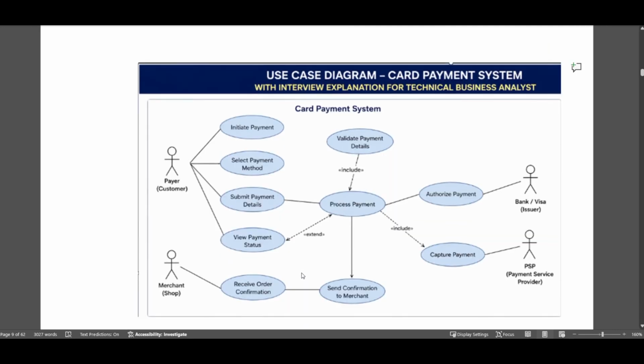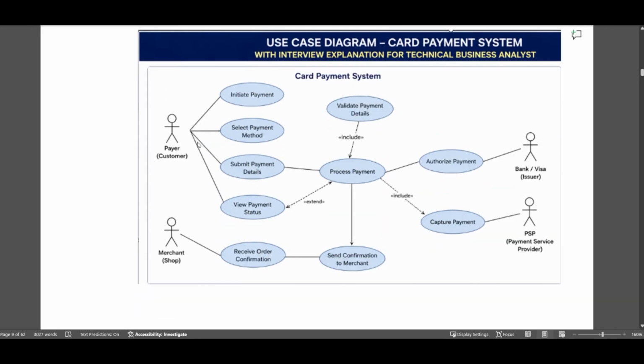The customer is going to make a payment and select a payment type. It can be Visa, MasterCard, debit card, Amex, or something else, and he'll submit the payment details. This is the main heart of the payment processing. From here it goes to validation. If you see this, there is include and extend.